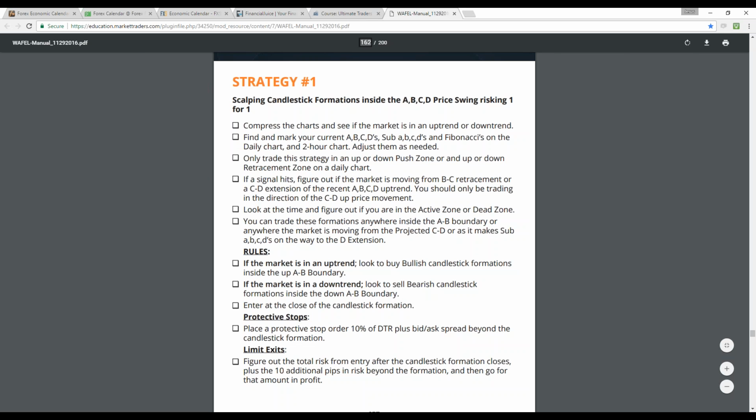So step 1, overall direction by compressing the chart. Then step 2, following that direction, find and mark ABCDs and sub-ABCDs on both the daily and the 2-hour.